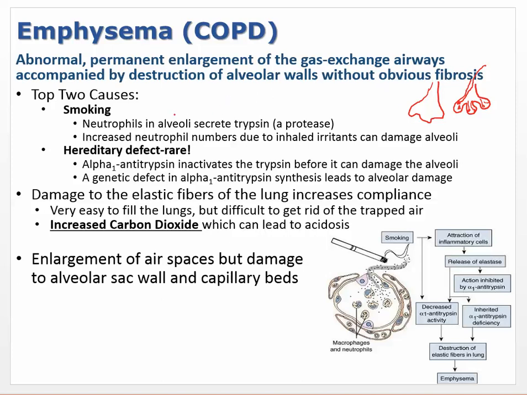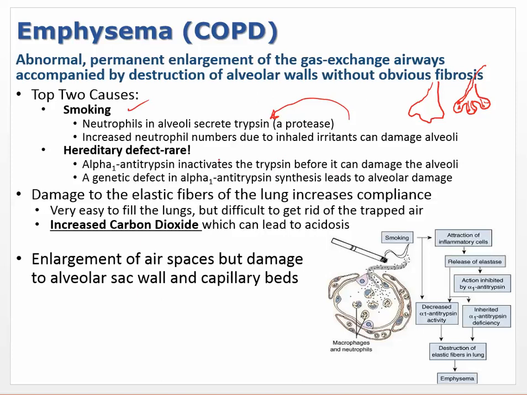So two causes: smoking, and then so neutrophils in the alveoli secrete trypsin, so that's what I was mentioning, and increased neutrophil numbers can happen due to smoking, and so you're going to have an increase in that trypsin, which is going to cause the damage. And then this hereditary, this alpha-1 antitrypsin, hereditary form is where the alpha-1 antitrypsin isn't made.